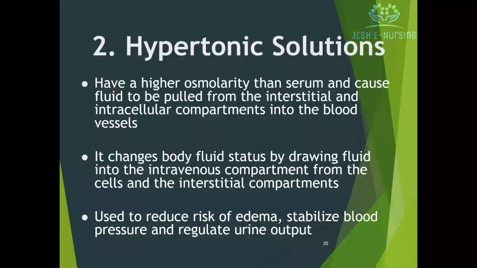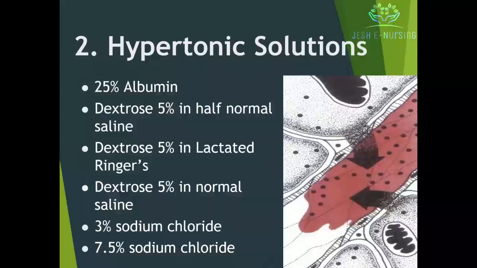So this is used to reduce the risk of edema, stabilize the blood pressure, and regulate the urine output. In these kinds of conditions, hypertonic solutions will be used. Examples of hypertonic solutions: 25% albumin, dextrose 5% in half normal saline, dextrose 5% in Ringer's lactate, dextrose 5% in normal saline, 3% sodium chloride, 7.5% sodium chloride.